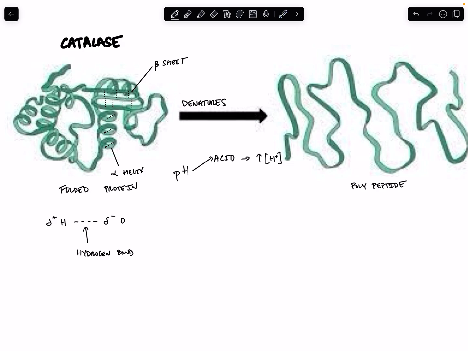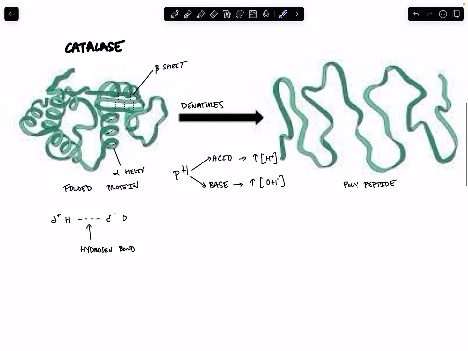The same thing is true of a base. If we have a basic solution, this means we have a high concentration of hydroxide ion, OH minus, which also can swoop into this bond and interact with the hydrogen side, the slightly positive side of the bond.